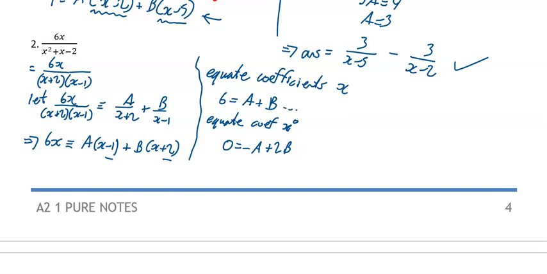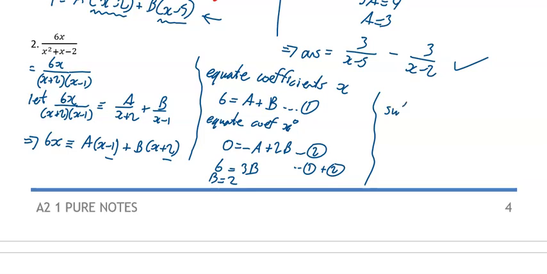Okay, you have two equations. Call that equation 1, call that equation 2. Two equations, two unknowns. I'm just going to add equation 1 to equation 2, and what am I going to get? I'm going to get 6 is equal to 3b. Therefore, my b is equal to 2. And then we can just do substitution.